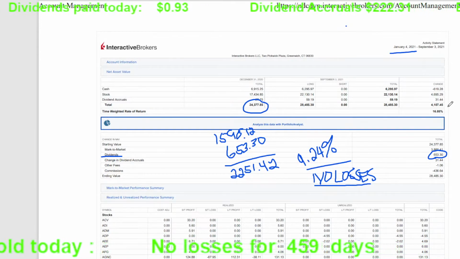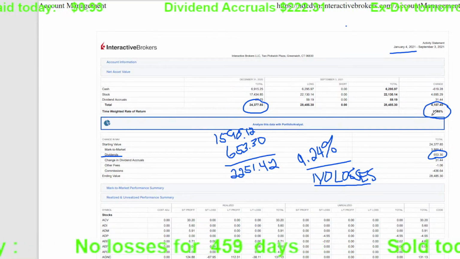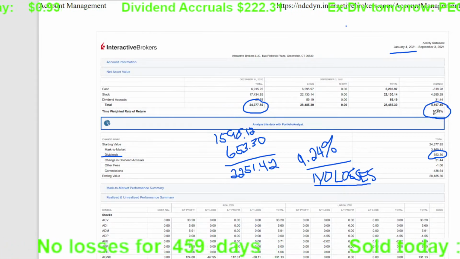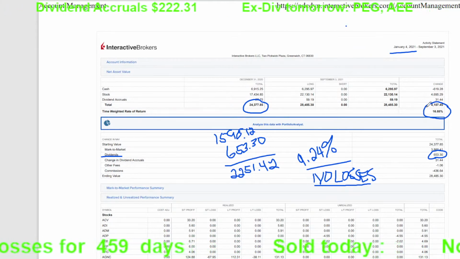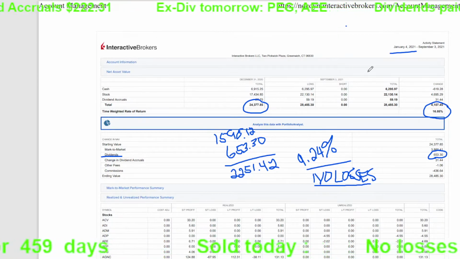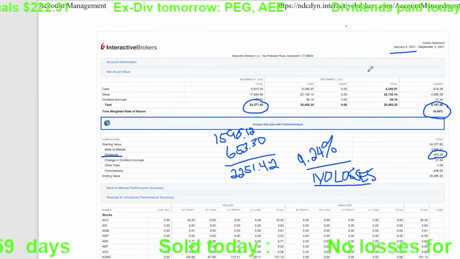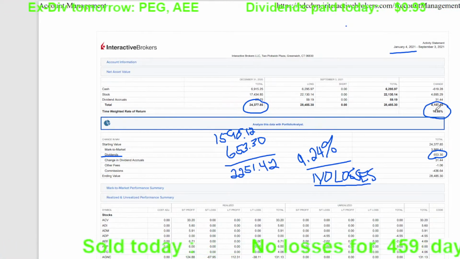Now, this is what you look at here and say, well, I thought it's showing here time-weighted rate of return of 16.85. That's how much the overall account grew. Now, you can subtract this and see how much your actual account grew minus your dividends, minus your trading profits. So it's, what is that?